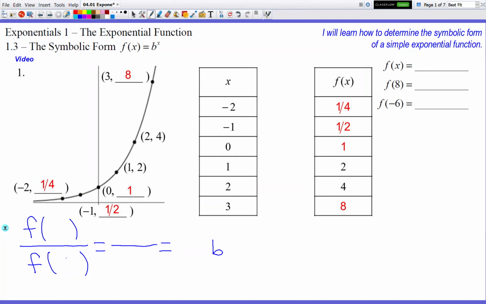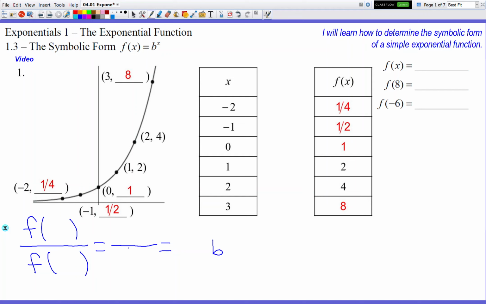I suggest you don't use -2 and 1/4 or -1 and 1/2, because 1/4 and 1/2 are fractions, and if you put the y value in this second fraction, you don't want fractions inside of fractions. I guess you could if you wanted to practice that process, but I don't suggest it. You can pick any of the other values: 0, 1, 1, 2, 2, 4, 3, 8. You can pick any one of those.